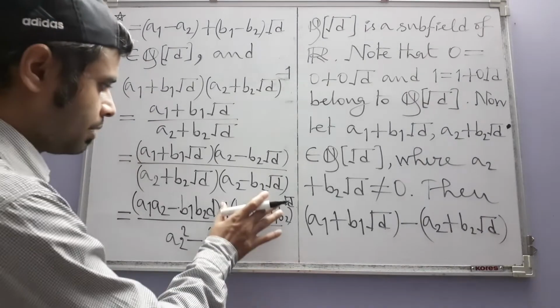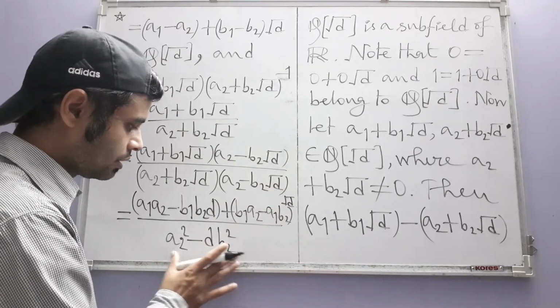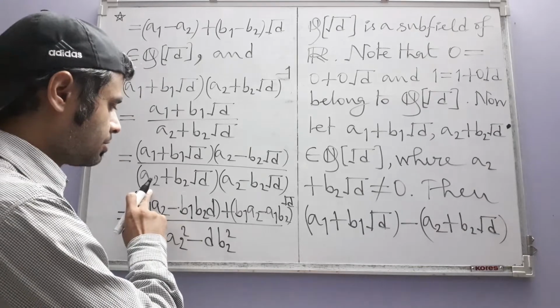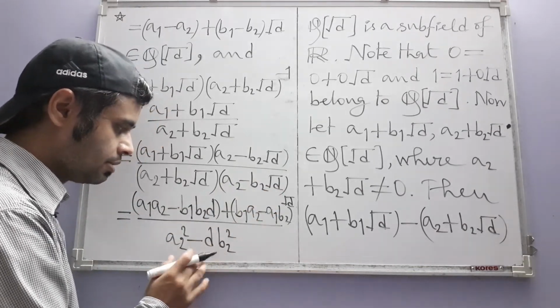And once you are able to show that this is non-zero, you don't have to worry about this being non-zero or not. It will be non-zero, because once you show that this is also non-zero, their product is non-zero.